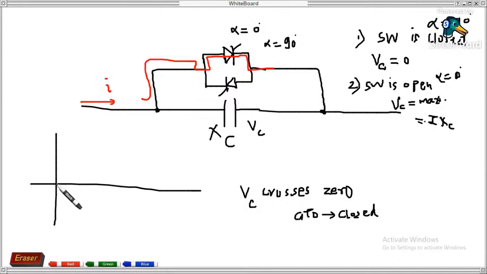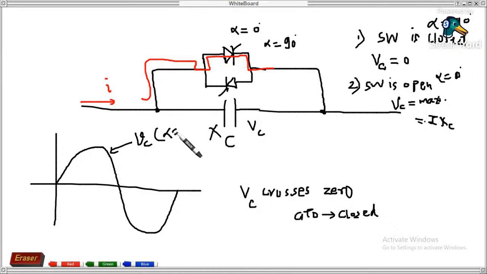This is what VC is when alpha equals 0. Right? Now in that case, where will the current be? Current will lead this voltage by exactly 90 degree. Will lead means what? It will start from 90 degree. Right?